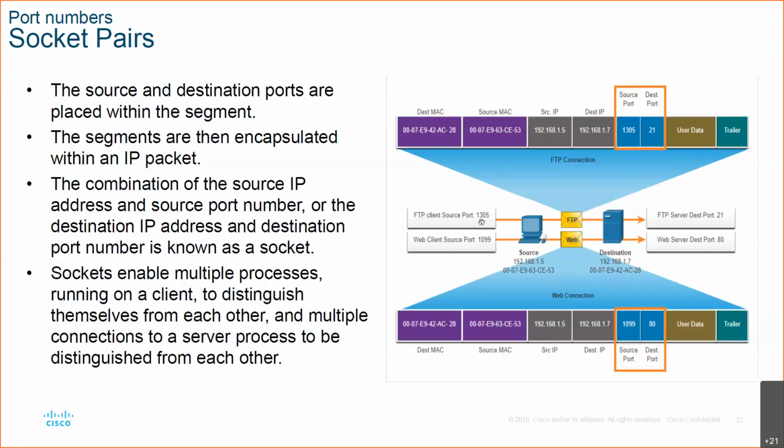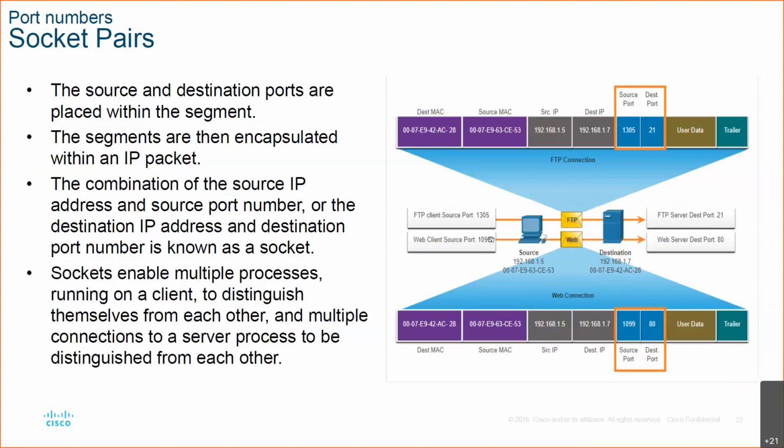Now, coming from source port 1304, and the FTP service on the server is on port 21. It's also doing another access coming from web client 1099 and it's trying to access port 80. That means it's going to be a HTTP access.